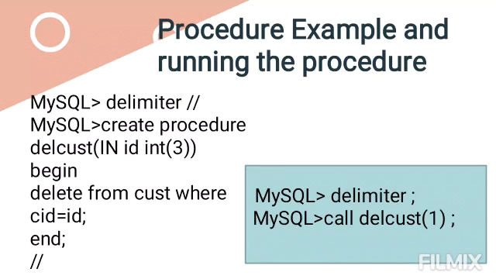After writing the procedure, we can change the delimiter back to semicolon using delimiter semicolon. Then in the normal way, we can call the procedure: call del_cust(1); I hope all of you get the idea of a delimiter.